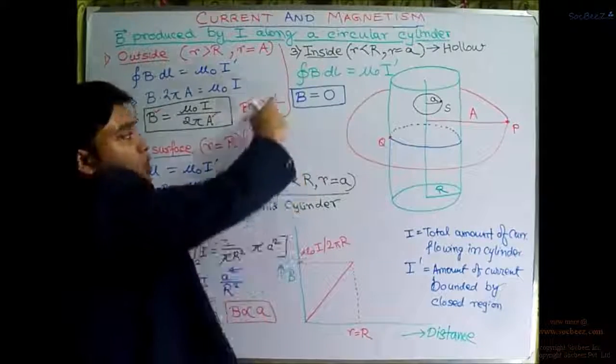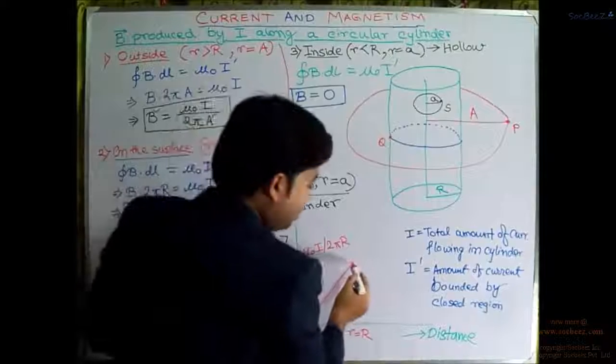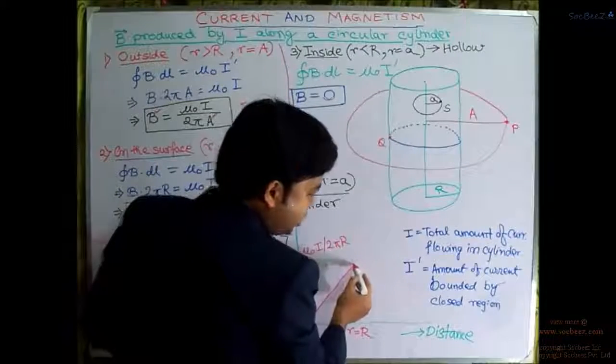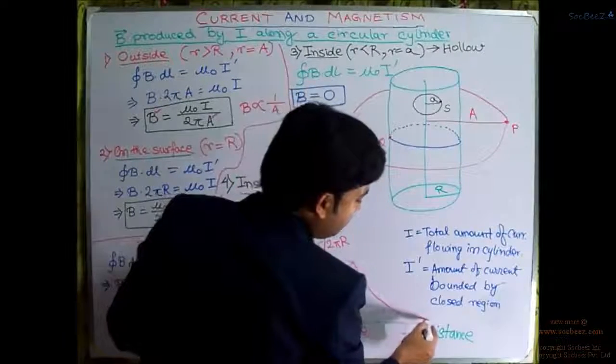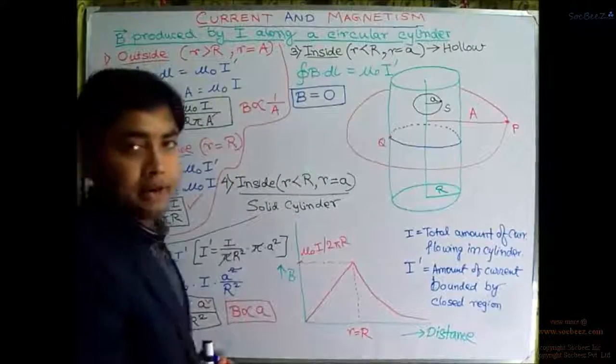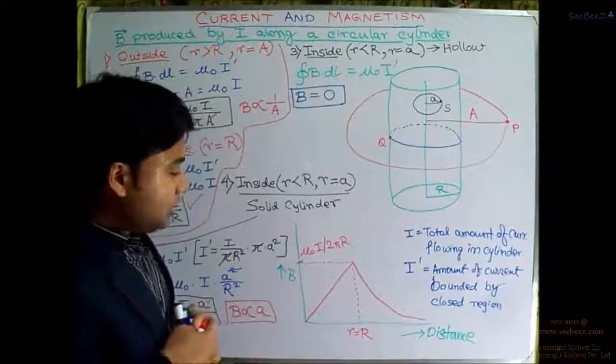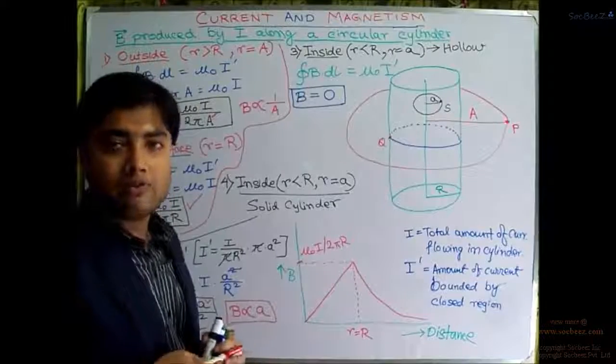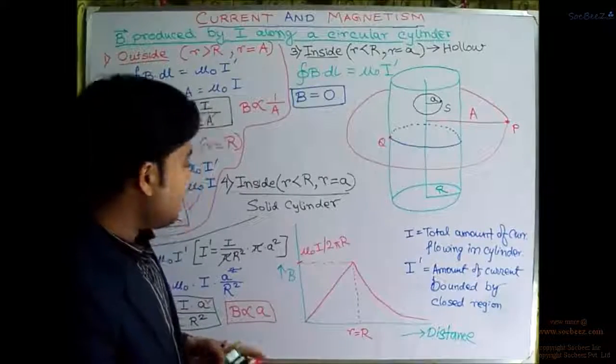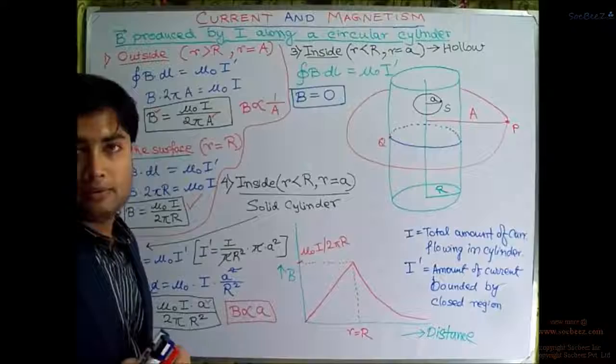It is directly proportional to 1 by a, so the curve will now start like this, right? So this is the graph for a solid cylinder.